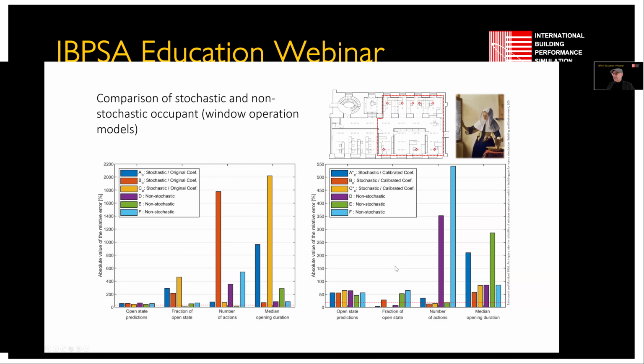The right graph shows it after we calibrated these models with the local data. That means we used some of the data to calibrate the model, and then we see, okay, the performance of these models improved, which also at that time suggested to me that specifically the models that use learning methods or black box or otherwise probabilistic models can be fairly useful in cases, for example, building operation, where you have ground truth data that you can use to calibrate that model.